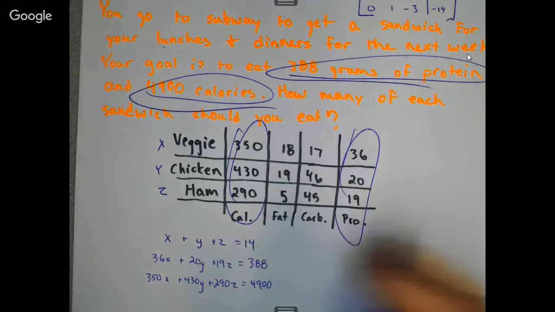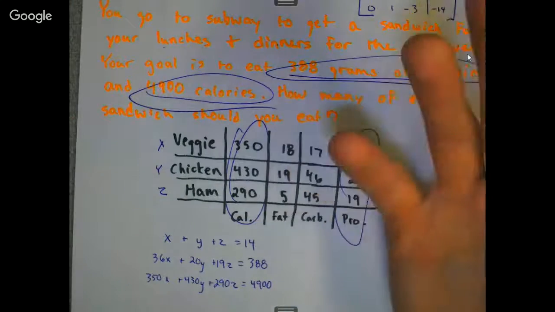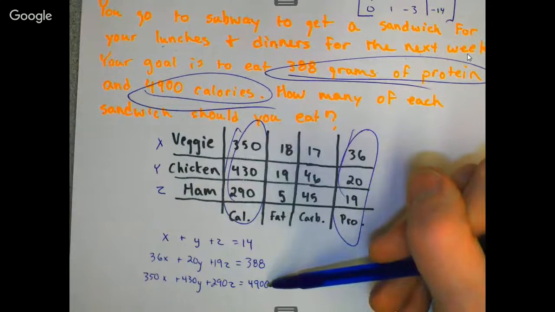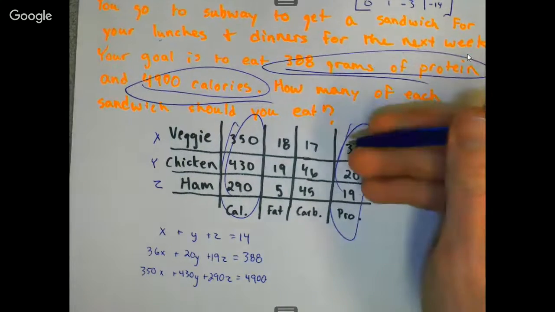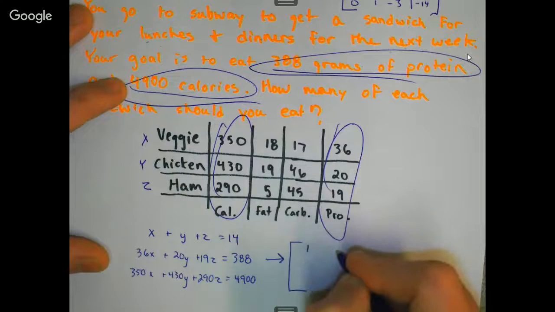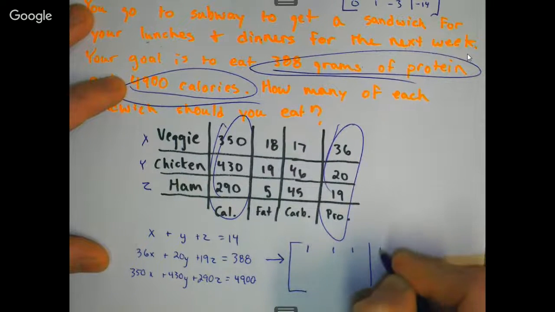Okay. Now we could make these numbers a little bit easier. Maybe I divide this one by 100 and go from that route, or I just leave them the same and put them in my augmented matrix.